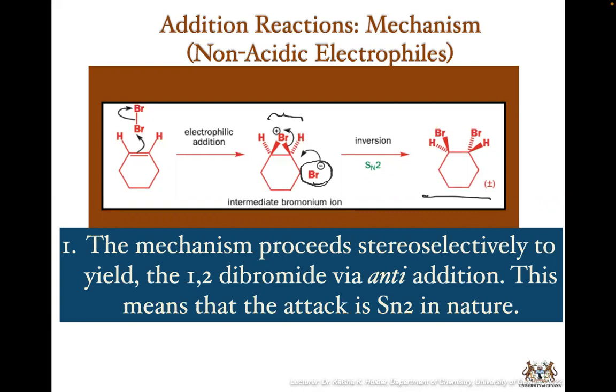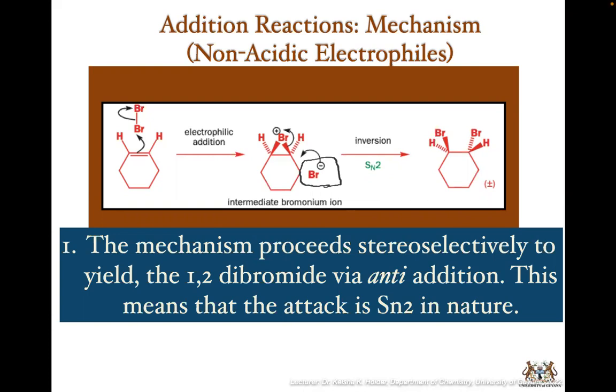Now, I want to draw your attention to the fact that the bromine atom that was attached first is pointing above the plane of the screen in this case. And so the incoming bromide is approaching from the other side, as we expect.